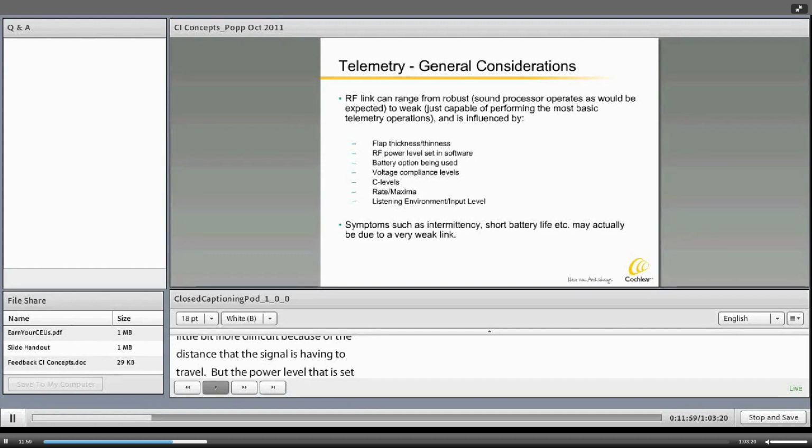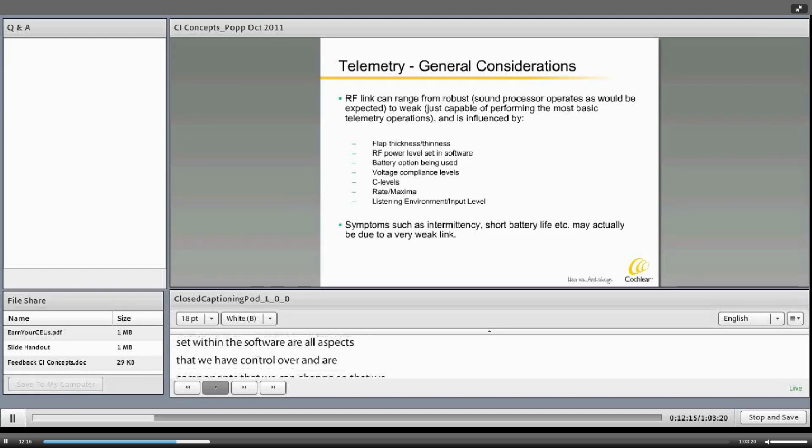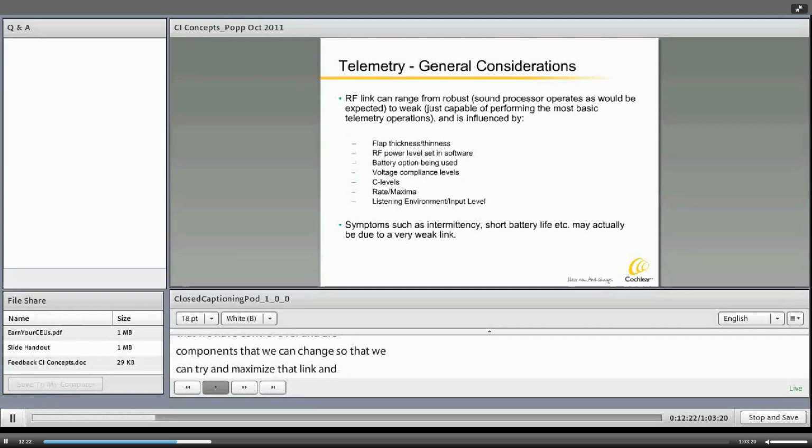But the power level that's set in the software, the battery options that are being used, the levels that are set within the software are all aspects that we have control over, and are components that we can change so that we can try and maximize that link and maintain as robust a link as is possible at all times.